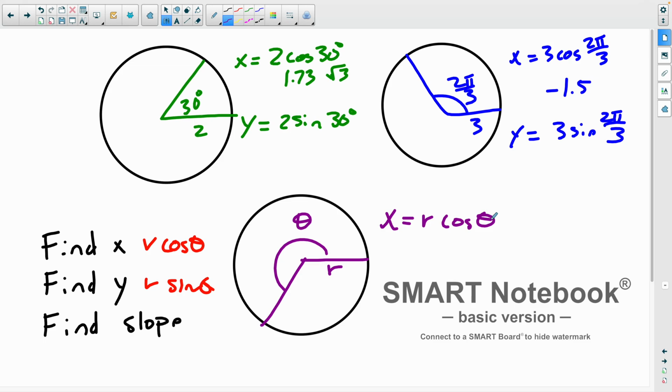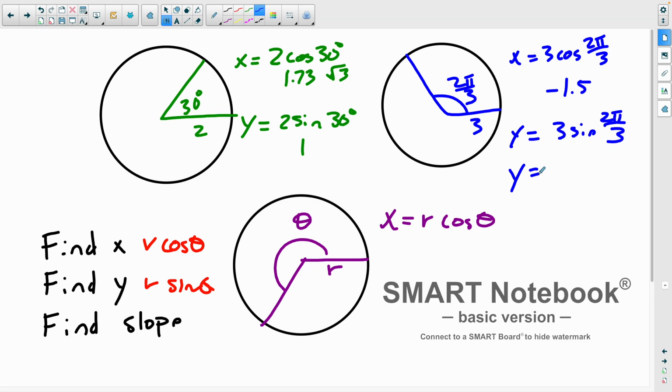So what did you get for this y up here when you did 2 sine of 30? 1. The answer is 1. That's the approximate, it is exactly 1. And then on this one right here, we got 2.6. I think it was like 2.59 or something like that.